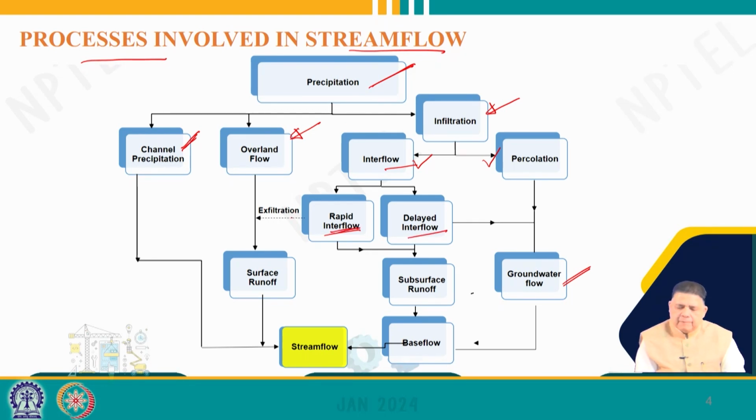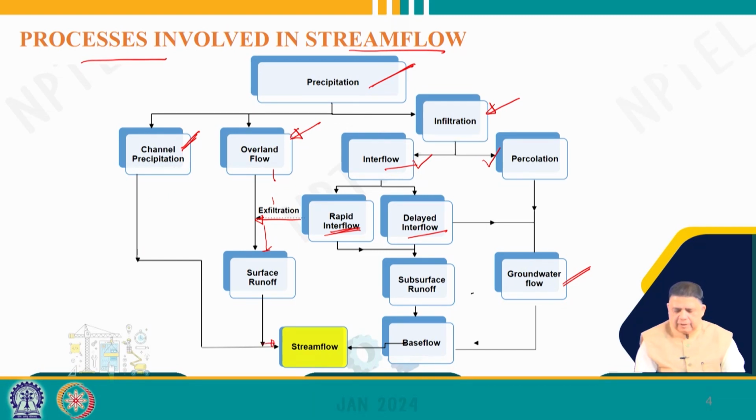A part of the rapid interflow may reappear on the soil surface in the form of exfiltration, which is just the reverse of infiltration. Then this overland flow and exfiltration combined together are surface runoff, and of course it is joined by channel precipitation.